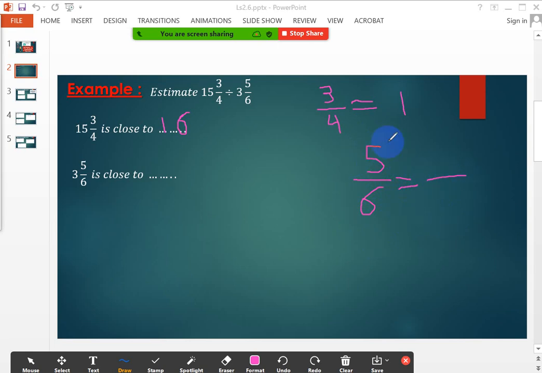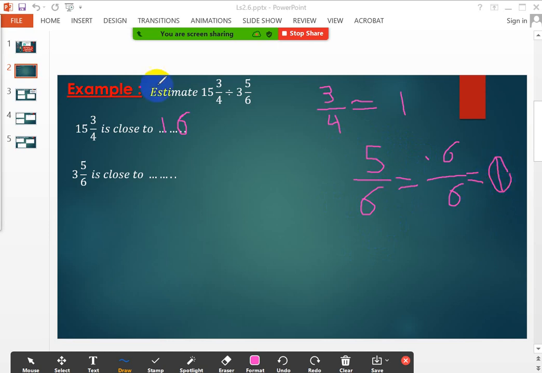Yes, your answer is correct, Manal, thank you. The closest answer to this number is the whole, which is here 6 over 6, and 6 over 6 also means 1. So if I round this fraction into the nearest whole, it will be 1.